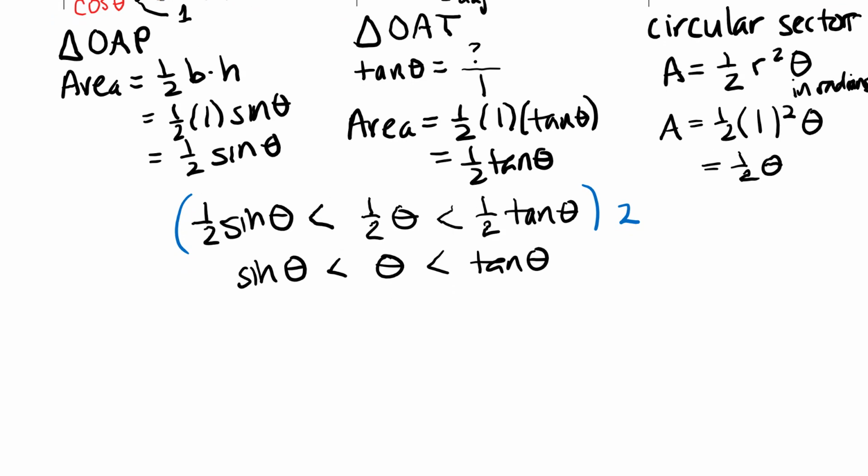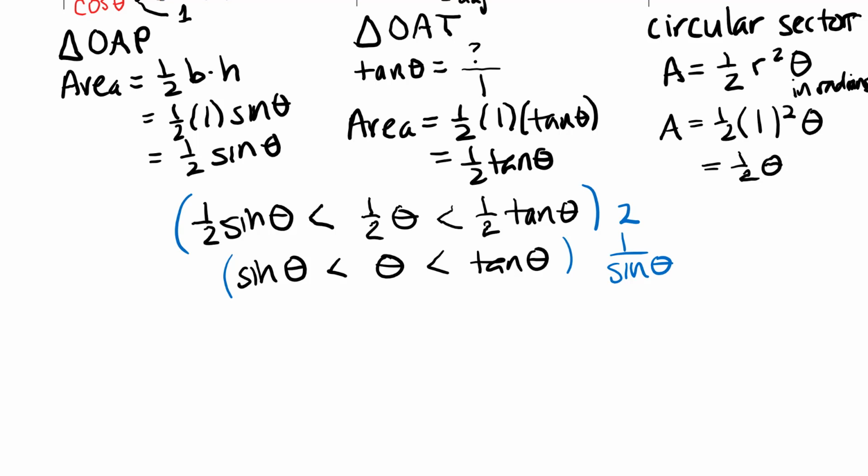So I'm going to start by dividing through by sine theta. Since our angle theta was in quadrant 1, sine theta will be positive, and so I'm dividing through by a positive number, so that's not going to change anything with the inequalities here. So I'm going to divide through by sine theta, or think about multiplying through by 1 over sine theta. And since theta is not equal to 0, I don't have to worry about this sine theta being 0.